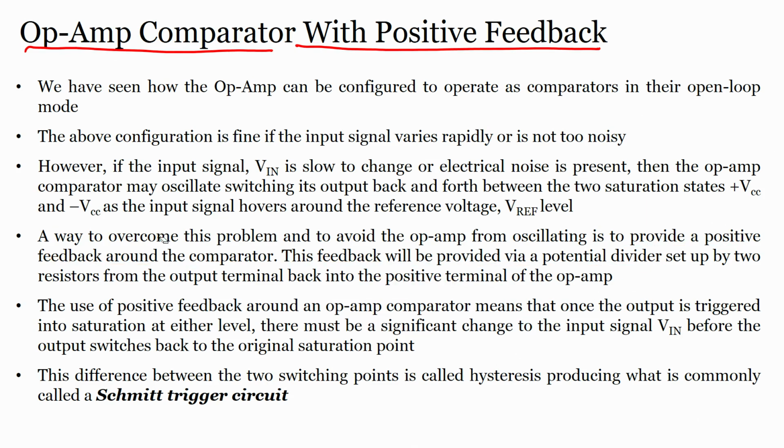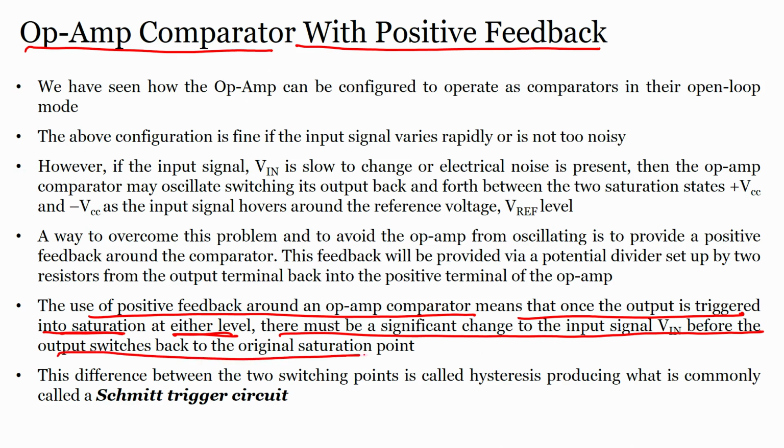Once we do that, the use of positive feedback around the op amp comparator means that once the output is triggered into saturation at either level, there must be a significant change to the input signal V in before the output switches back to its original saturation point. What does that mean?